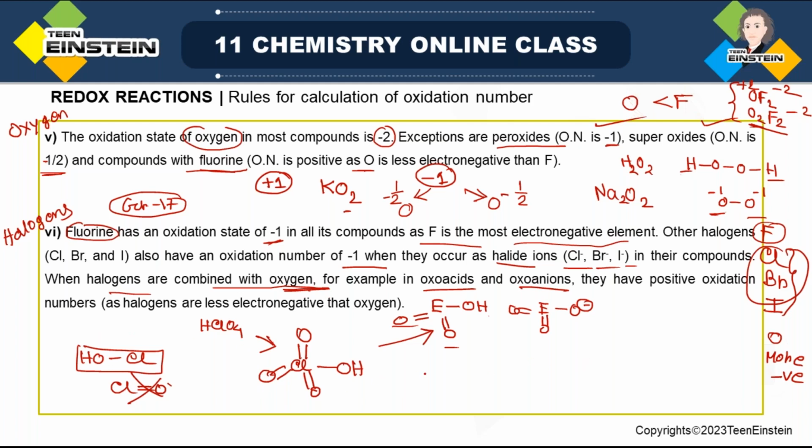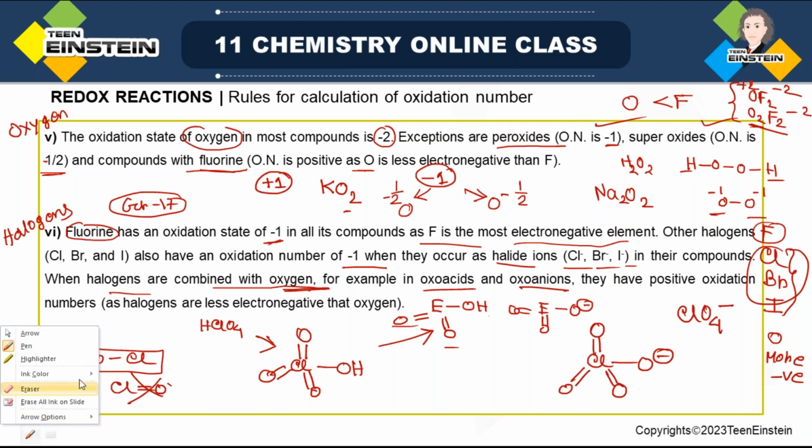If you simply remove this hydrogen, the structure of the oxo anion will be like this. So this is the ClO4- ion. Now when you have this type of oxo acid, obviously halogens combined with oxygen will have a positive oxidation number because halogens are less electronegative.